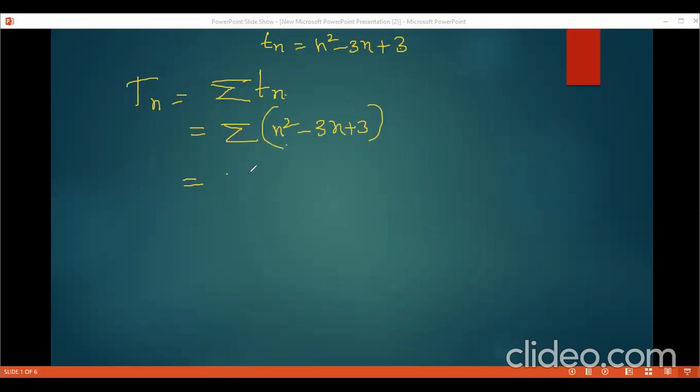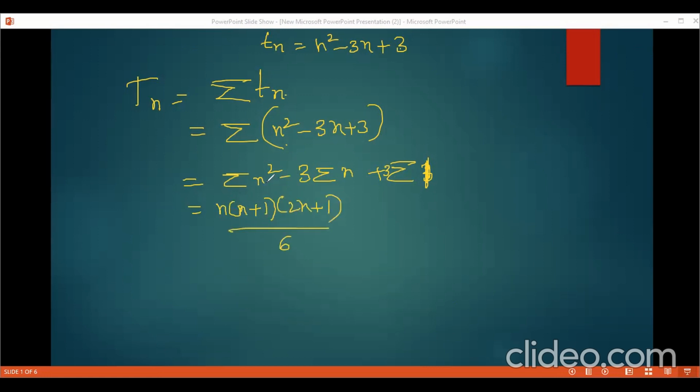So can we apply sigma for each and every term? Sigma n square minus 3 sigma n plus 3 sigma 1. What is sigma n square? n into (n plus 1) into (2n plus 1) by 6.